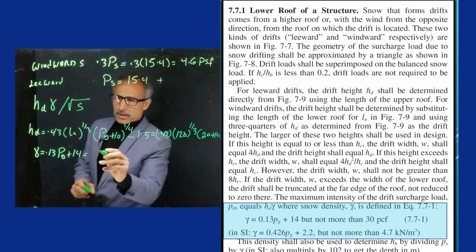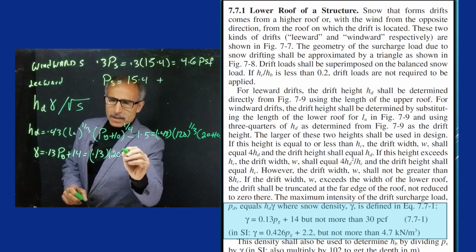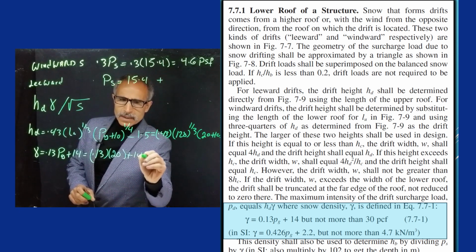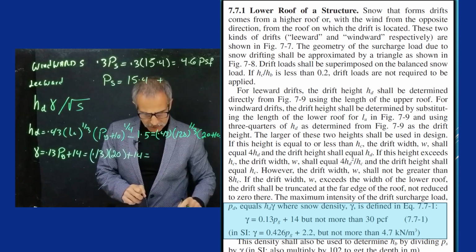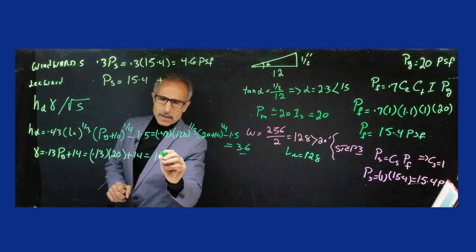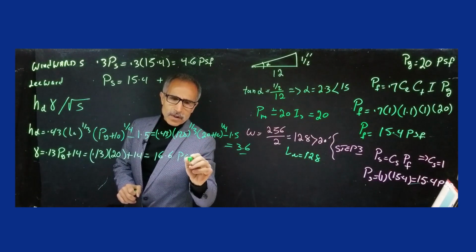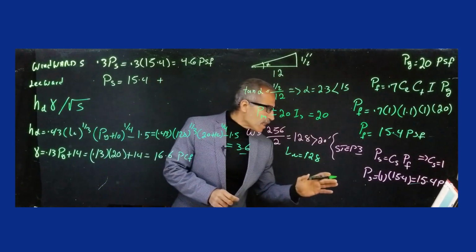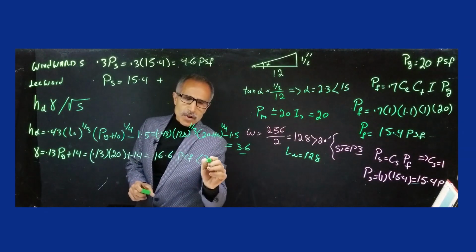Okay, so it's 0.13 times 20 plus 14, and we get 16.6. And the unit for that is pounds per cubic foot. It says it has to be not more than 30. So we're less than 30, we're good.